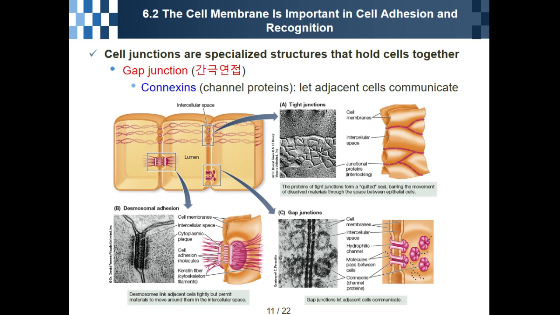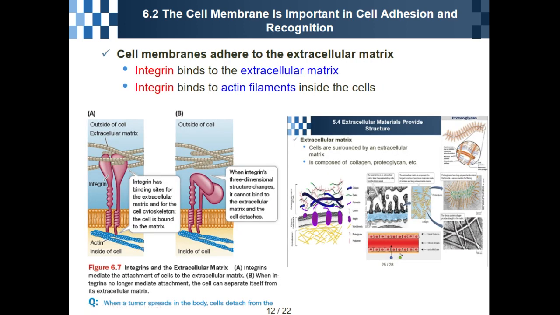Okay. So we covered connecting junctions, which let adjacent cells communicate with each other. Now we will cover how the cell membrane can also adhere to the extracellular matrix. In chapter 5, we covered the extracellular matrix. Outside, the cells are surrounded by extracellular matrix, especially collagen, and proteoglycans like this.